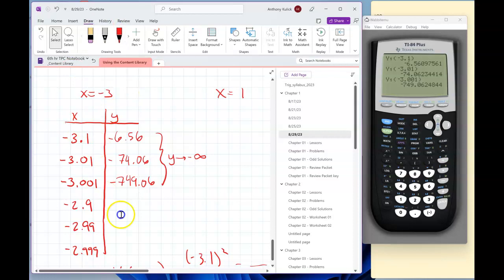Let's look at what happens when we approach negative 3 from the other side. So again, I'm going to just do second enter. I'm just going to go over and edit this to be negative 2.9. And then we're going to do the same thing. Just do some second enters.